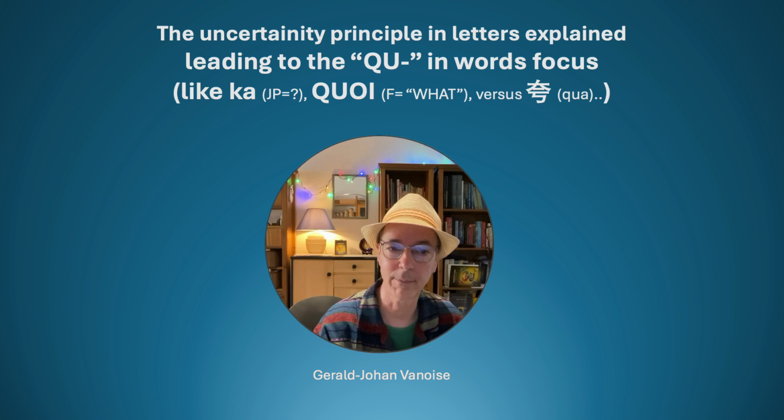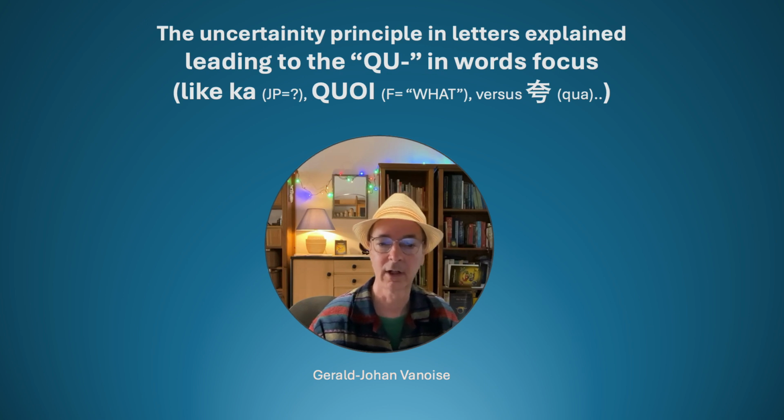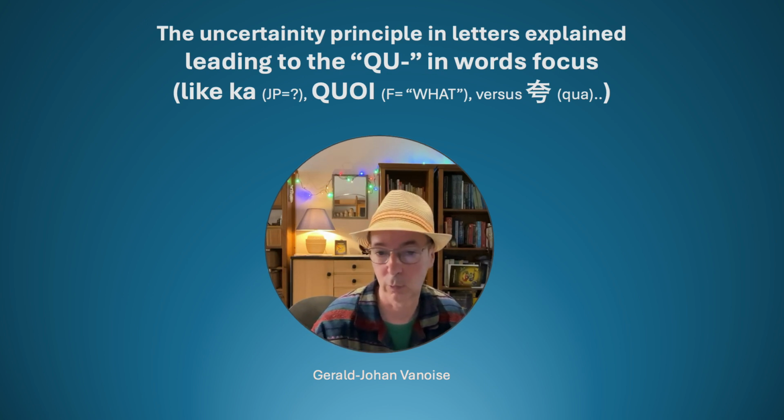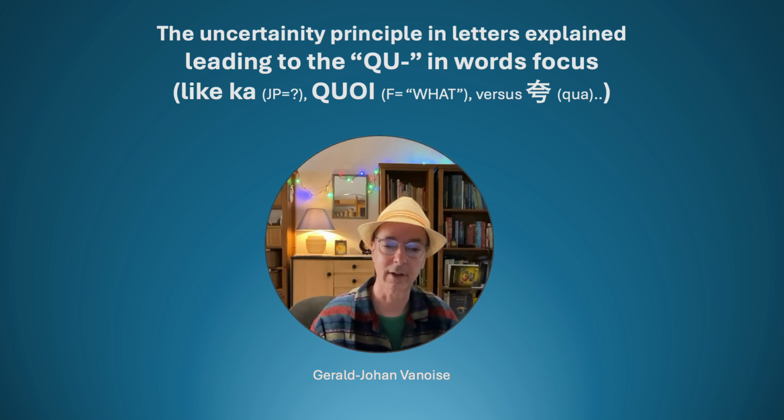And I will explain them to you via explaining, let's say, the order of ATK, the first three letters, where that uncertainty principle comes in, and how you sense that uncertainty, how you compensate that with the letter W, and how you can do something with it in the letter Q.